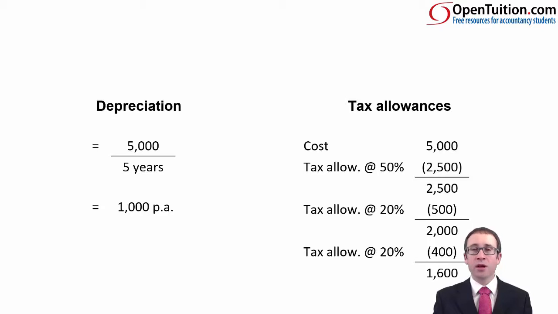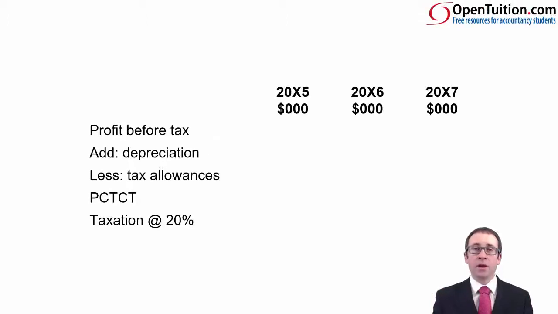So the depreciation stays the same every year. The tax allowance varies, whereby we claim much more tax allowance in the earlier life of the asset as opposed to a bit later on, isn't it? We'll see how that impacts tax expense in a moment. So back to the actual tax computation. Let's do each year separately.